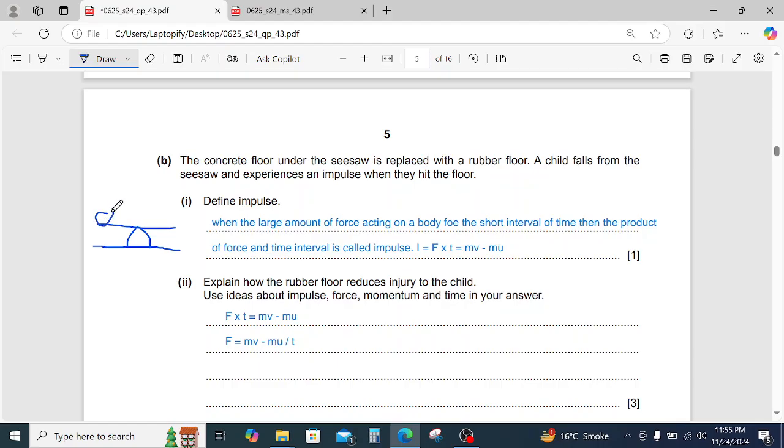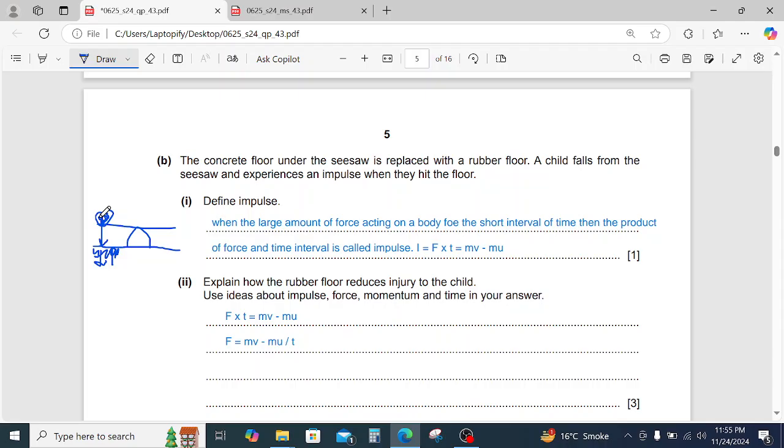Suppose this child falls, this can be compressed easily when the child falls on this rubber floor. As a result, it will bend. Because this is rubber, it has elastic energy, it will bend in downward direction, and then this rubber pushes him in upward direction. As a result, momentum of that child is changed.